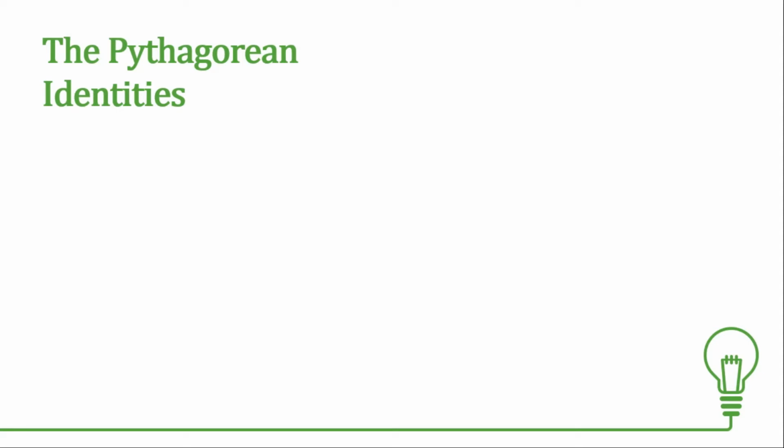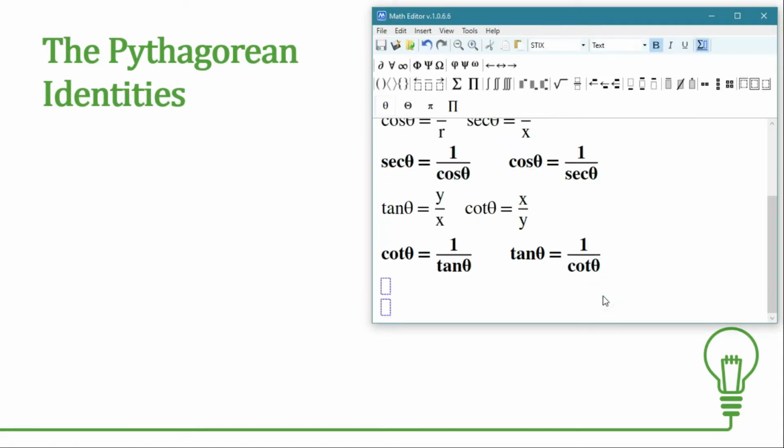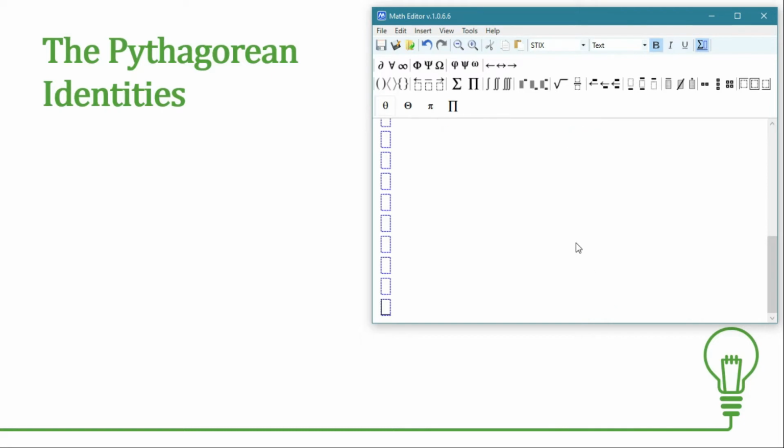When we talk about the Pythagorean identities, of course, we are talking about the Pythagorean theorem. So let us put down here the Pythagorean theorem, wherein it says that the square of the abscissa plus the square of the ordinate is equal to the square of the radius, or the square of the hypotenuse.